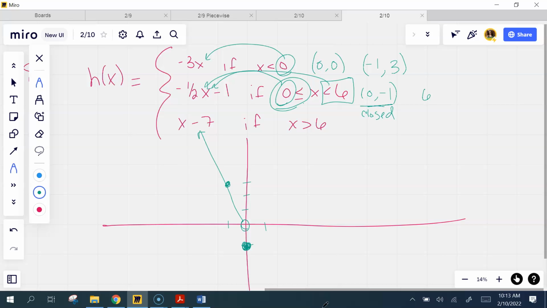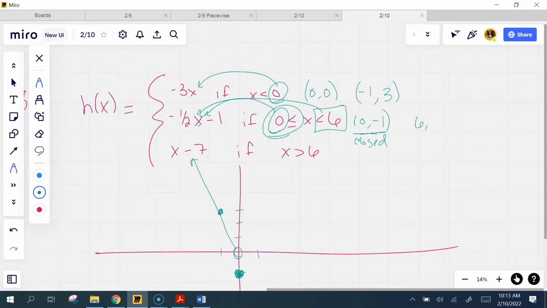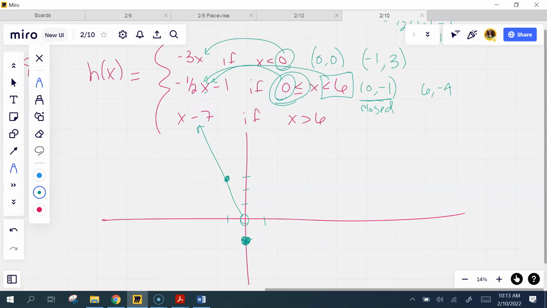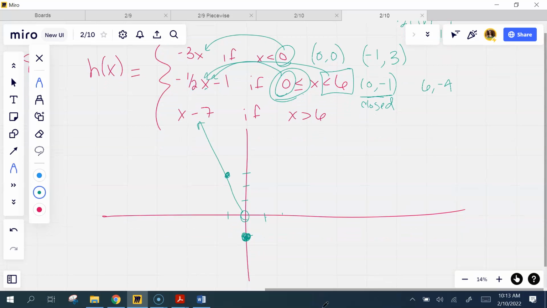So if I plug in 6, -1/2 times 6 is -3. I should probably show this for you. So -3 minus 1 is -4. So 1, 2, 3, 4, 5, 6. 1, 2.